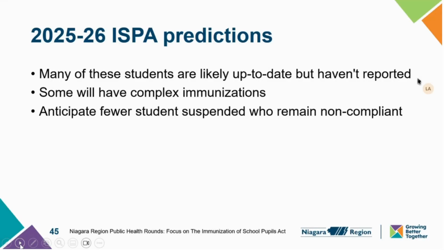Additionally, in many cases, missing documentation rather than lack of immunization is the primary issue for these younger students. Public health will continue to work proactively with families to update records and support immunization compliance while maintaining school attendance for younger children, and a second reminder notice will be sent to families in the new year.